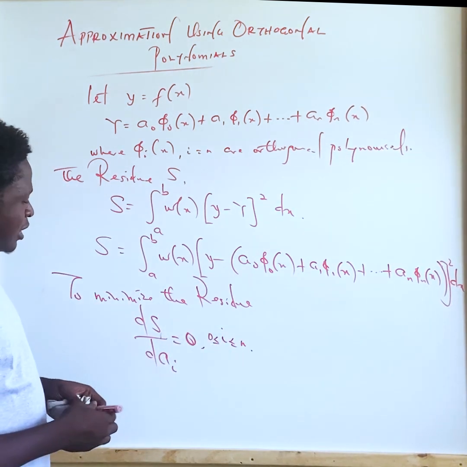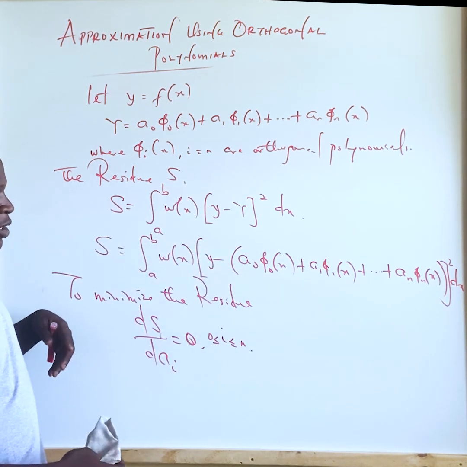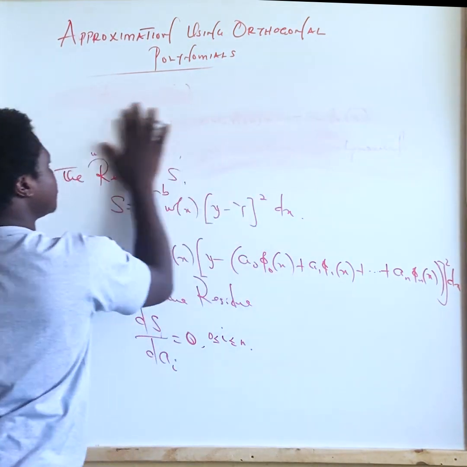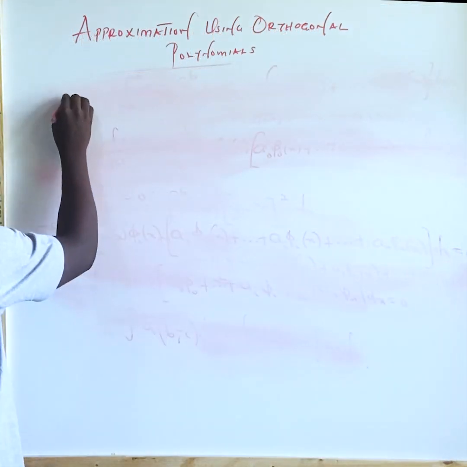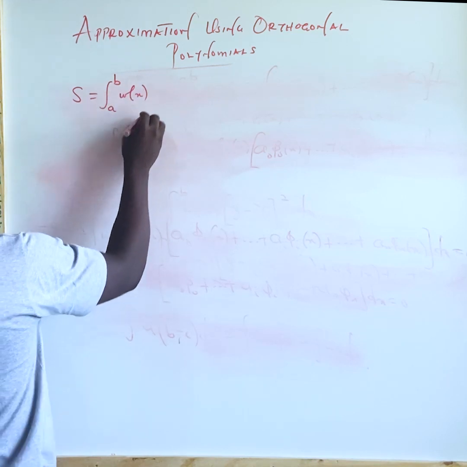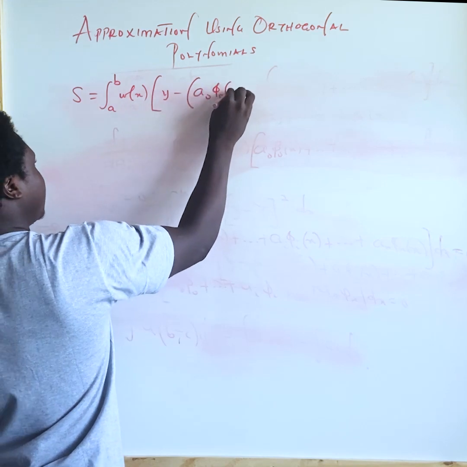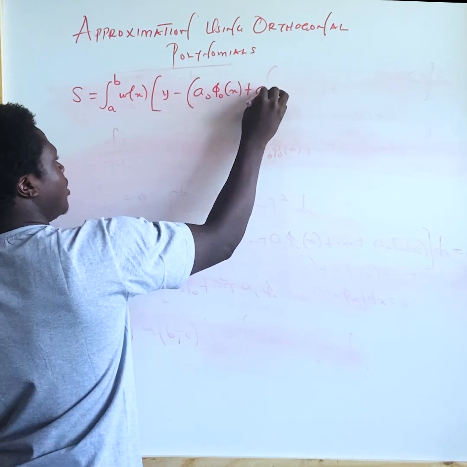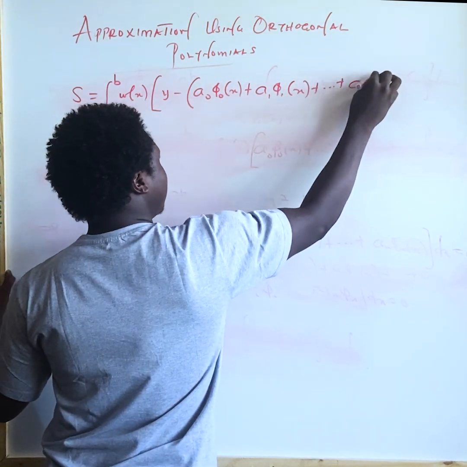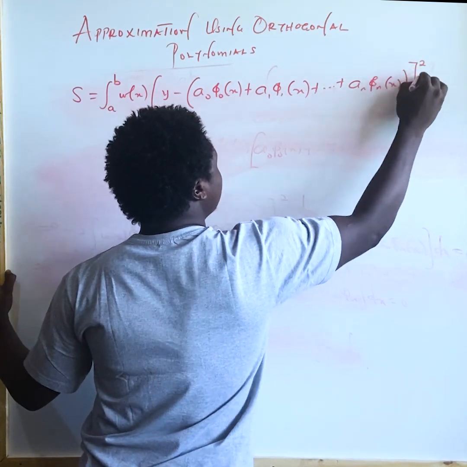Now let's take this step by step. Let's start with the ds by d a naught, so that we can see how the ds by d ai will behave. So we said our residue s is the integral a to b of omega x into (y minus (a naught phi naught of x plus a1 phi 1 of x till it gets to an phi n of x)) all squared dx.